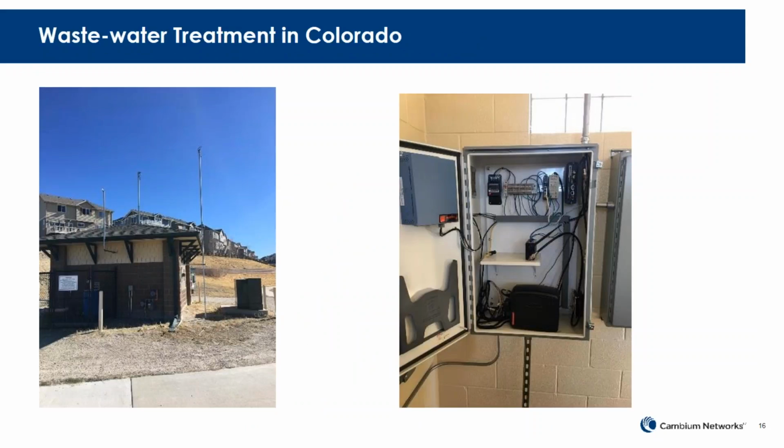Here's another example. This is a wastewater treatment application in the state of Colorado here in the U.S. The reason I want to show this one is if you look on the left, you'll see the antenna, that post sticking up in the middle, and it's actually pointing back over that hill past those buildings.